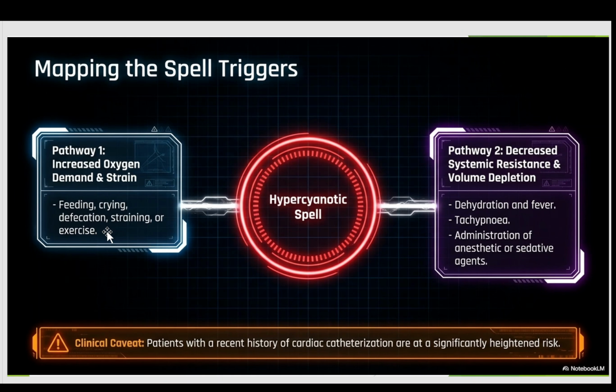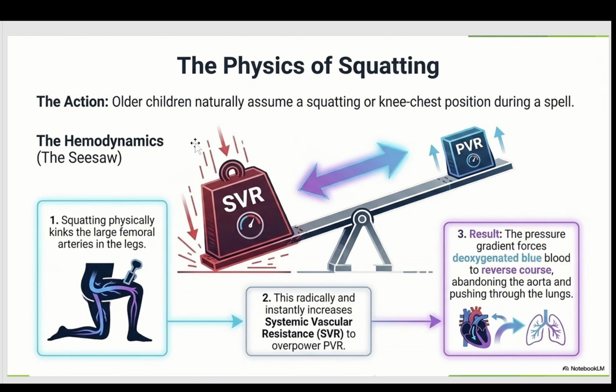Children usually learn how to counter this TET spell by squatting. The older children naturally adopt a knee chest position or squatting. This is a very pet question of examiners: how does squatting help to relieve the TET spell?